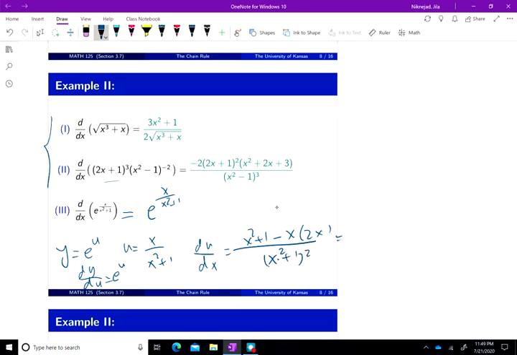It cleans up to x squared plus 1 minus 2x squared, so it's minus x squared plus 1 over (x squared plus 1) to the power 2.